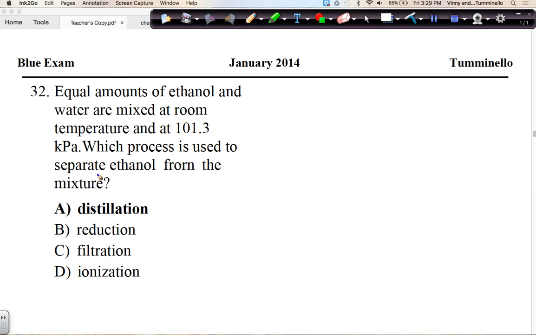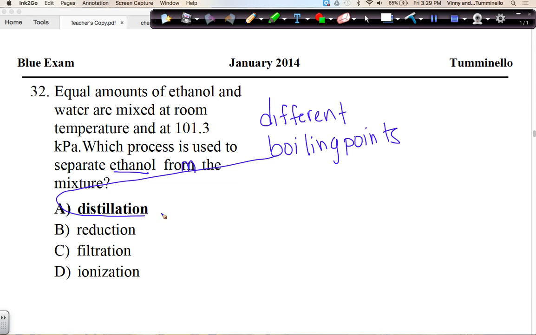Which process is used to separate the ethanol from the mixture? So ethanol and water are 2 different substances, and since these 2 different substances will have different boiling points, we can use the process of distillation to separate anything that has different boiling points.